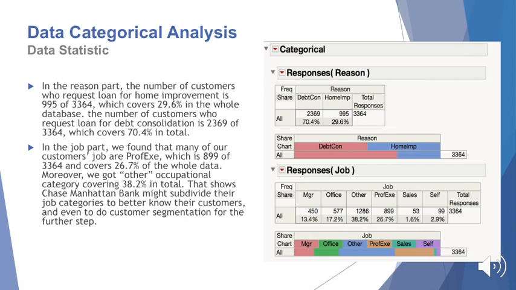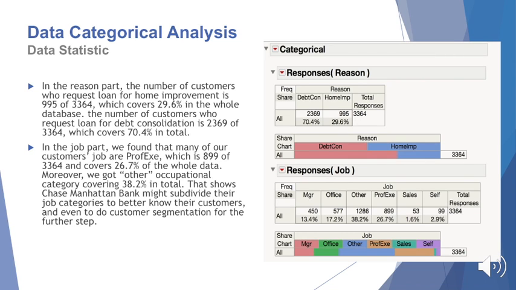In the job part, we found that many of our customers' jobs are professional executive, which is about 900 of the total. Moreover, other occupational categories cover about 40% in total. That shows that the bank may subdivide their job categories to better know their customers and even do customer segmentation as a further step.